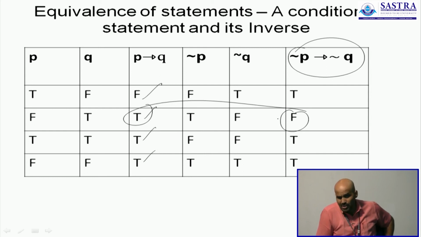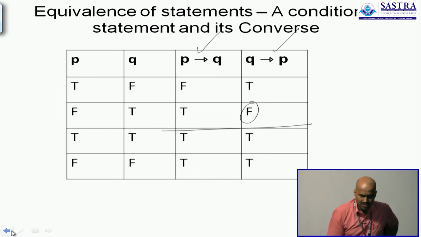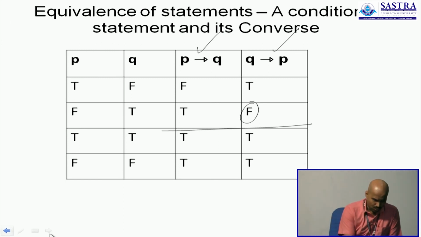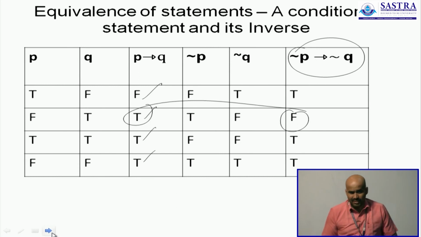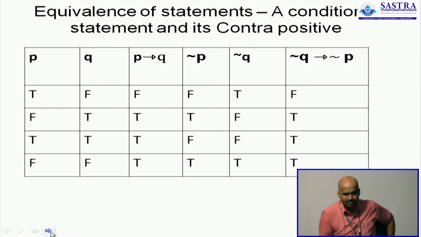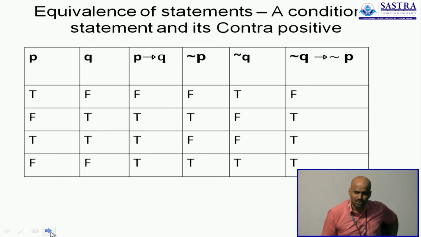So it's a big margin, so they are not equivalent again. We saw that the same thing happened with the converse. They were having different designs of their truth tables. So both converse and the inverse of a conditional need not always represent the same thing as the given statement. That is why we'll have a look at the last part, the contrapositive of a given statement.